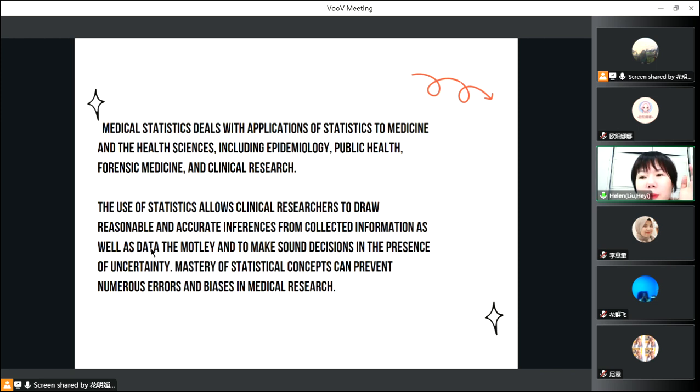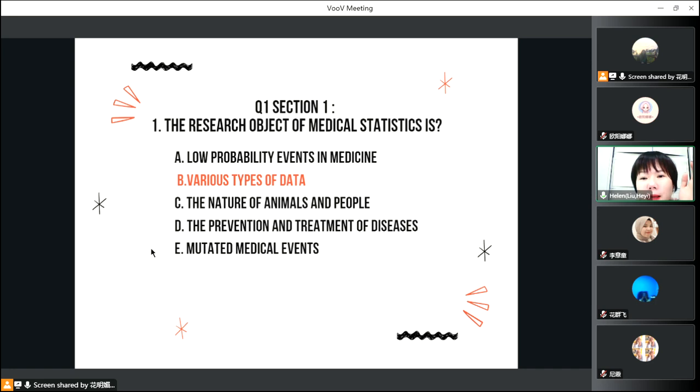But the purpose of our medical statistics is not the data themselves. We want to use the types of data, then analyze the data and make a conclusion. We use the conclusion to do the test and use it in clinical medicine.